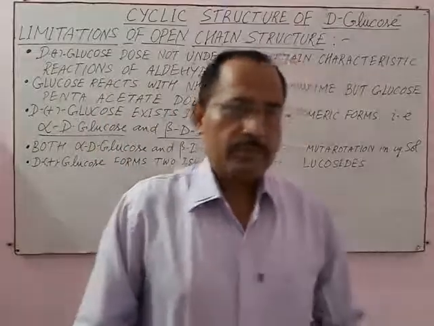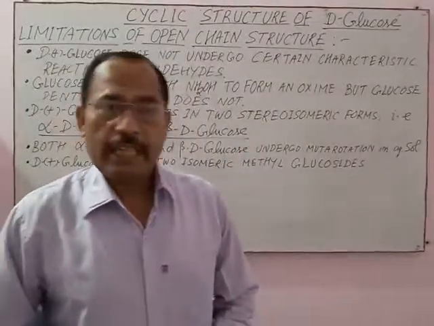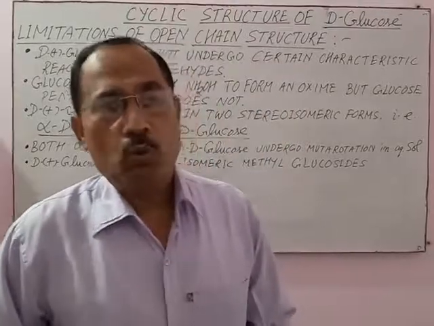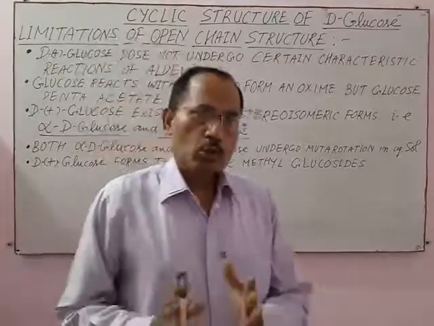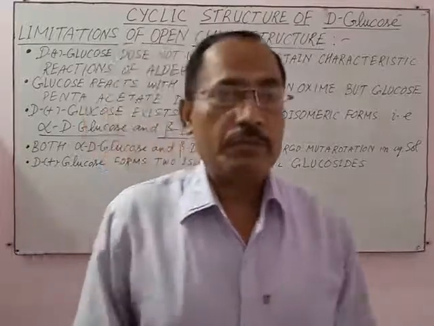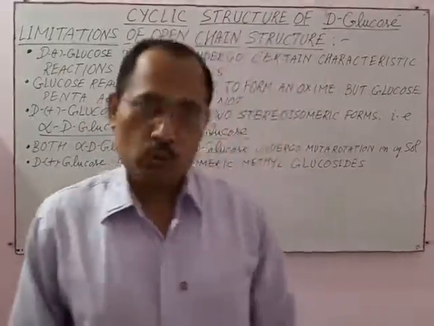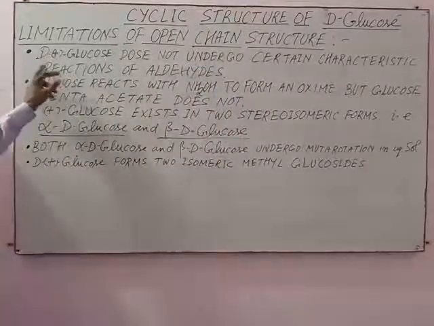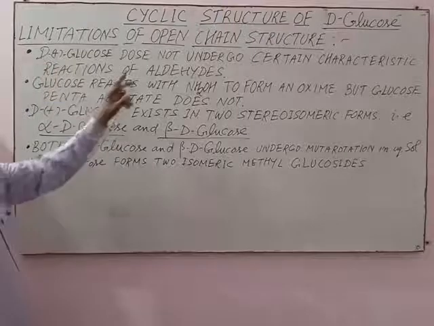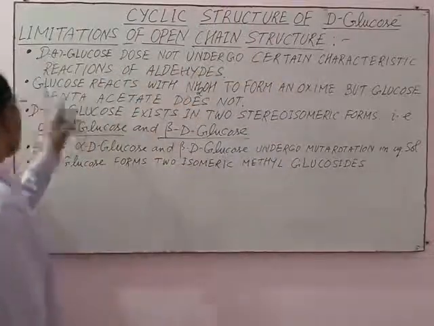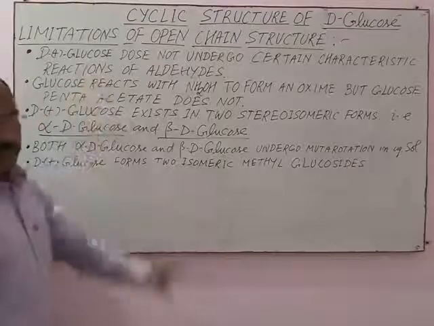However, there are certain reactions or properties of glucose which show that its aldehydic group is not free in the glucose molecule. For example, D plus glucose does not undergo certain characteristic reactions of aldehydes.